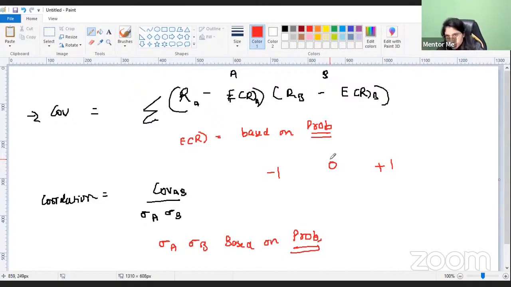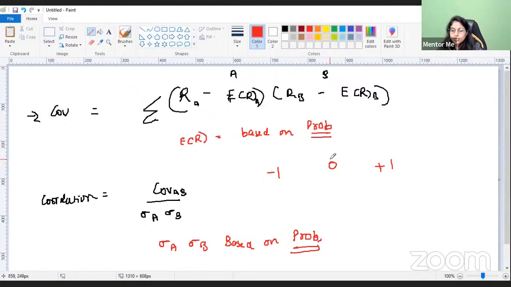If the value is close to 1, like +0.8 or +0.9, that means it's high correlation, high positive correlation. If it's -0.8, -0.9, that means it's high negative correlation, not perfect but high. Okay. If it's close to 0, that means low correlation is there. So we get an idea of the degree.